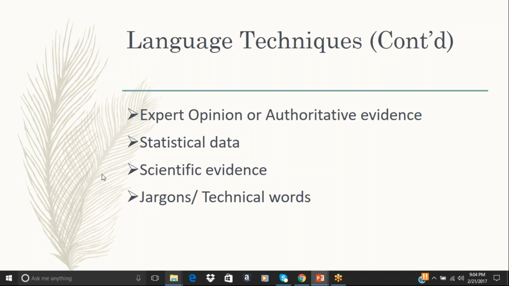Samuel, since you're laughing, your time. You said you want to be an engineer and you're writing a piece about engineering. Why would you need to employ the technical words or jargons linked to engineering in your piece?